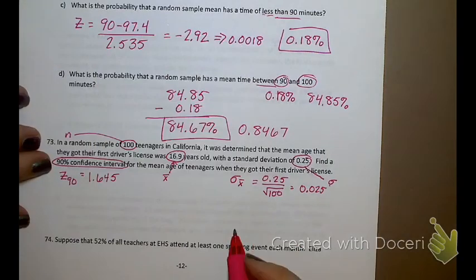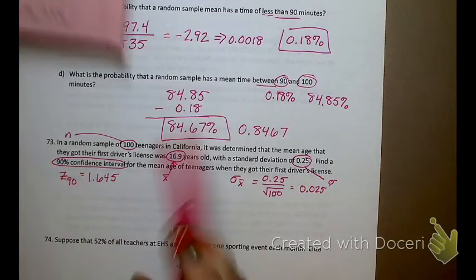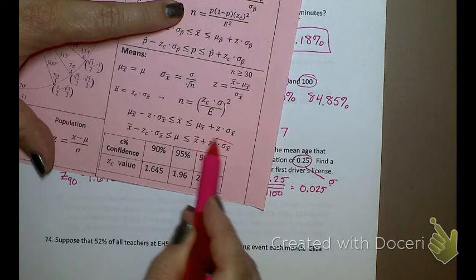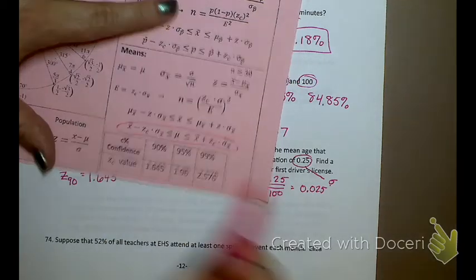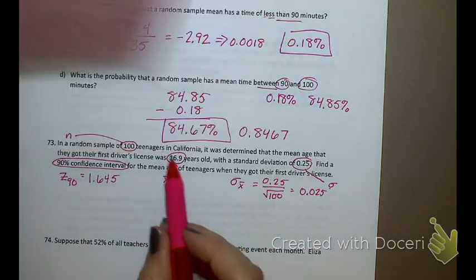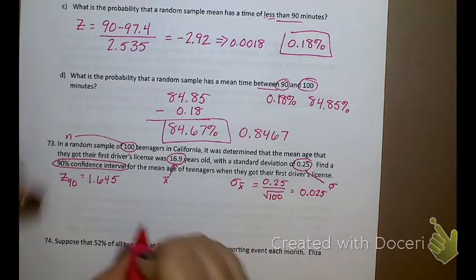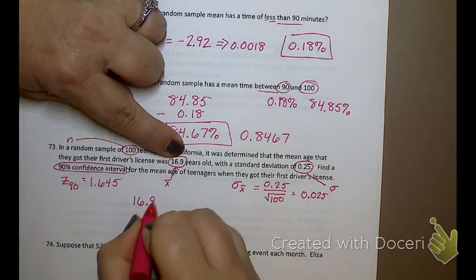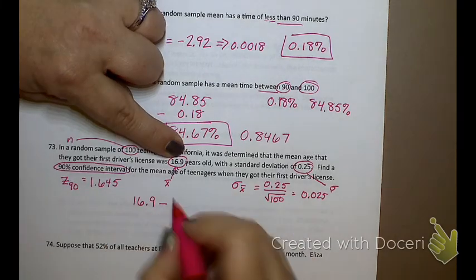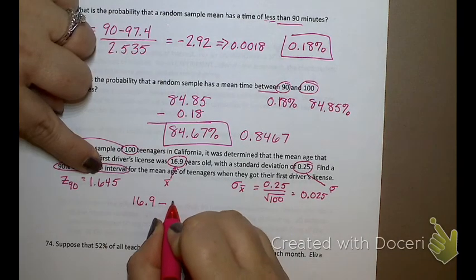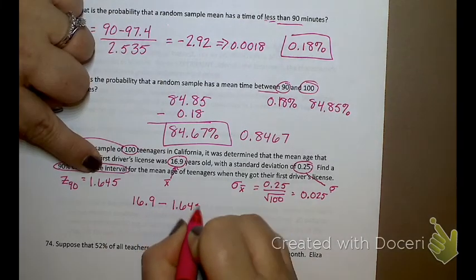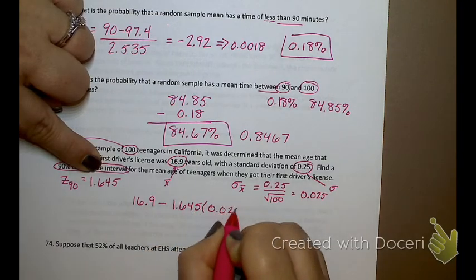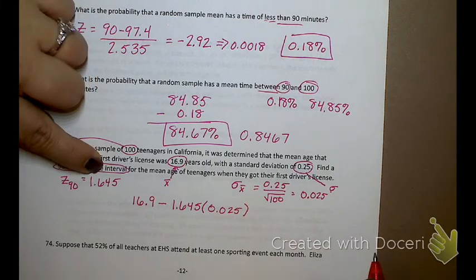So, how am I going to find this? Well, when I'm looking for a 90% confidence interval, I need to use this right here. So I'm going to take 16.9, which is my original X bar. I am going to subtract my Z sub 90 times the standard deviation. Is that the new one or the old one? The new standard deviation.